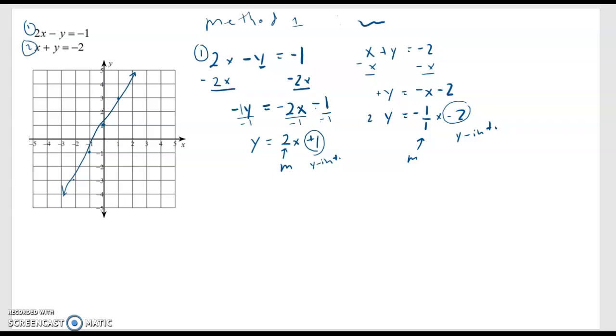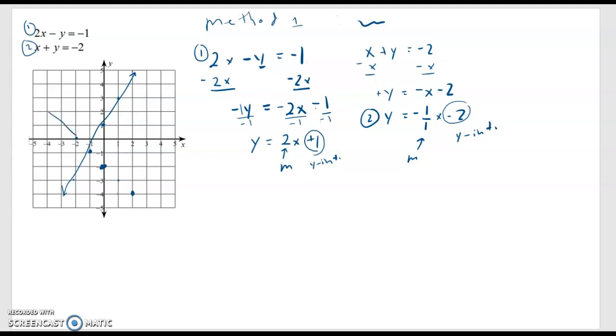For equation 2, I go to negative 2 on the y-axis, my y-intercept, and then it's down 1, right 1, down 1, right 1. Going back to negative 2, I go up 1, left 1, up 1, left 1.